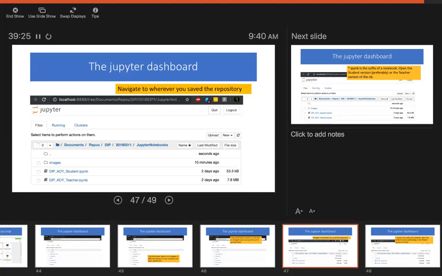A repository is a directory, a folder with a bunch of code programs that are related to a certain project. The zip file you just downloaded, dip master, that's a repository. It's just a bunch of code sitting on some server on the internet.